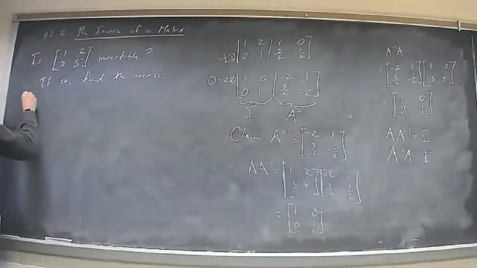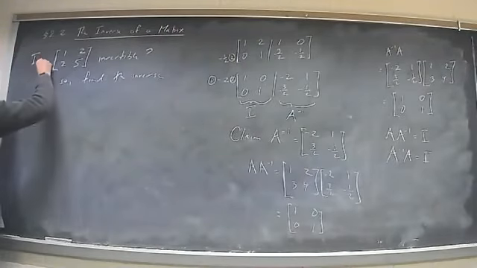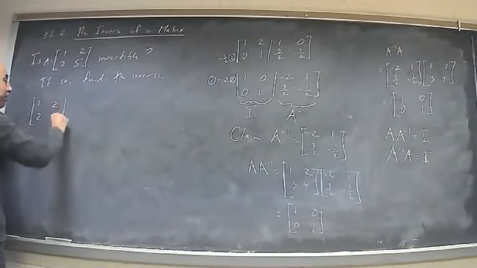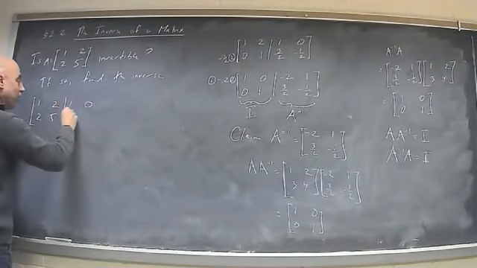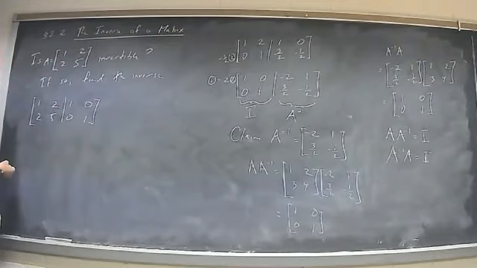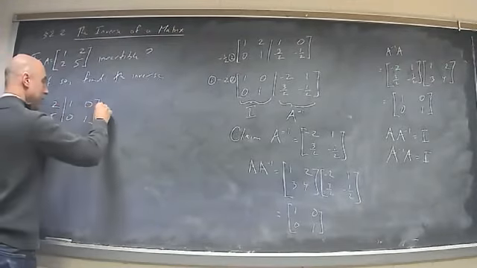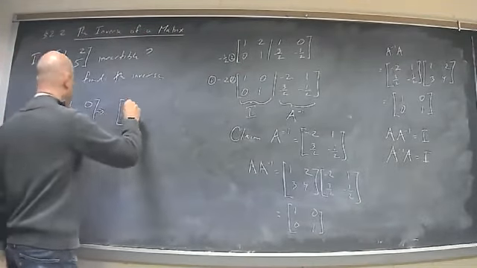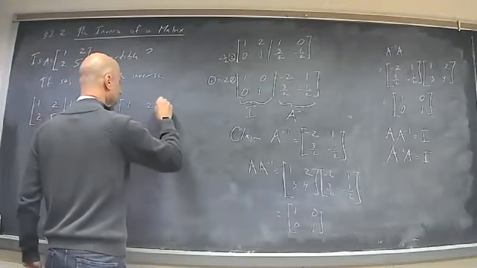So let me catch up. So 1, 2, 2, 5, 1, 0, 0, 1. Hopefully this row reduction business now is pretty clear to you. So we can start by making that a 0. We already have a 1 in the upper left-hand corner.